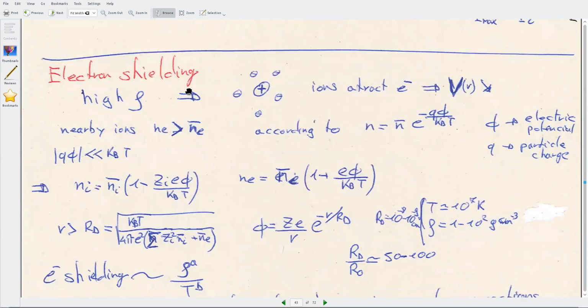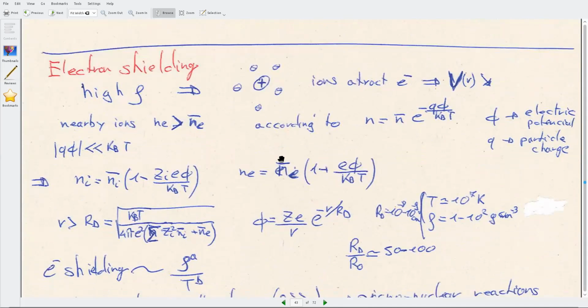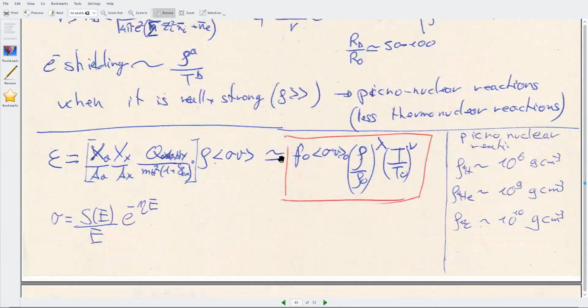Then there is electron shielding. It can help, because the attracted electrons nearby mean two atoms see less each other and more the electron, so they manage to arrive more nearby and more reaction.